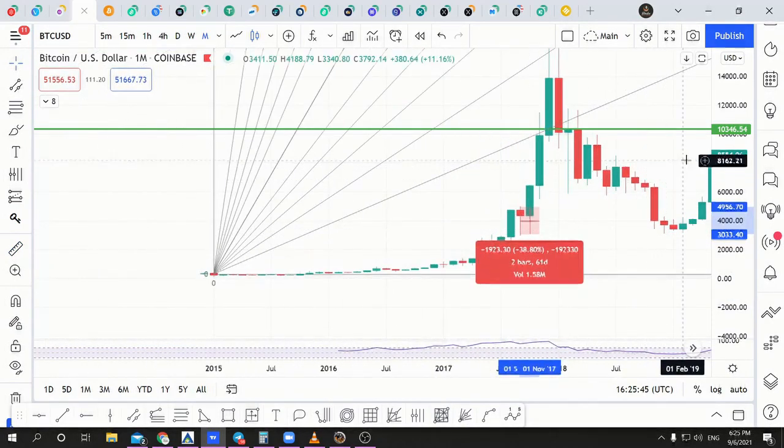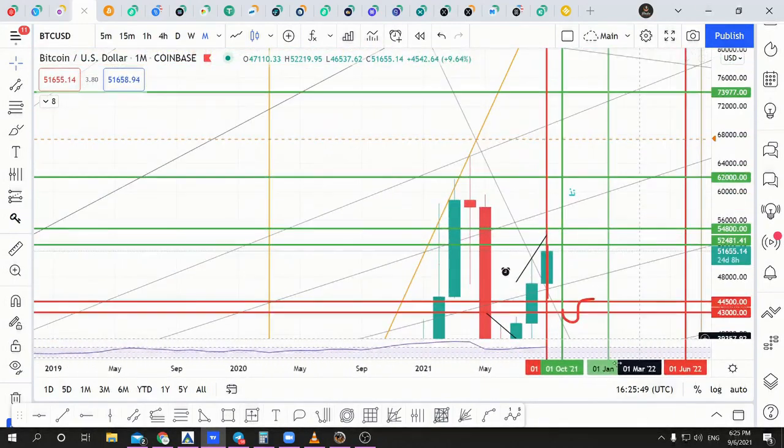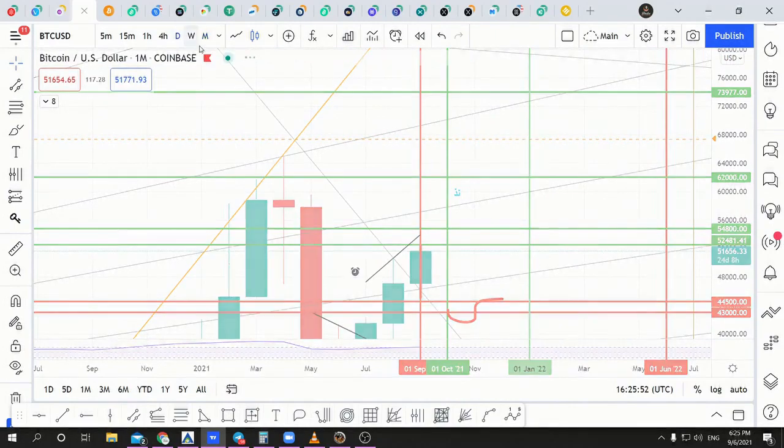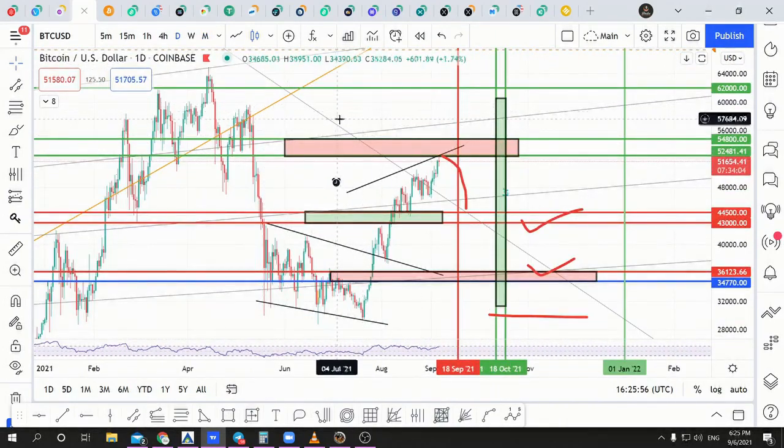So you have to take care of this month. This month is very dangerous. And of course, by reaching the Bitcoin to those tough resistance areas, this will give you more confirmation about how hard it will be to trade through this month.